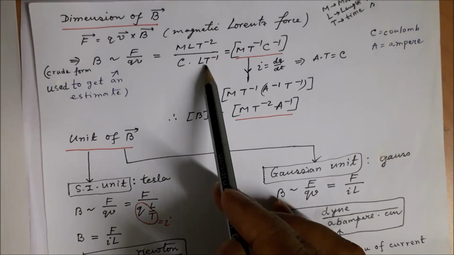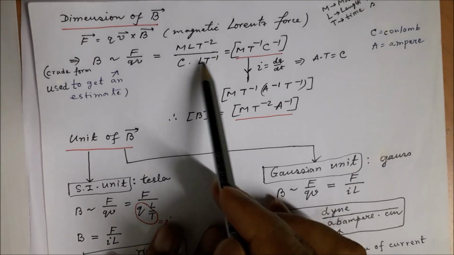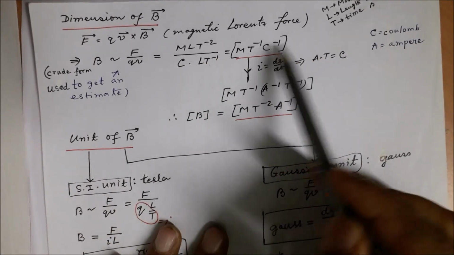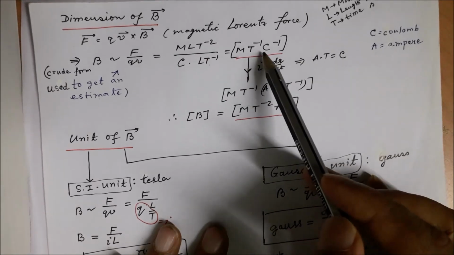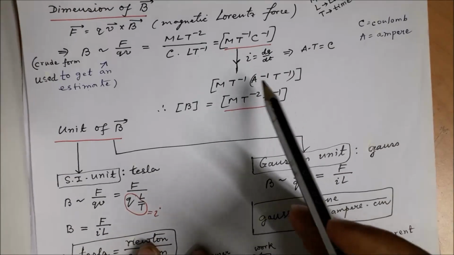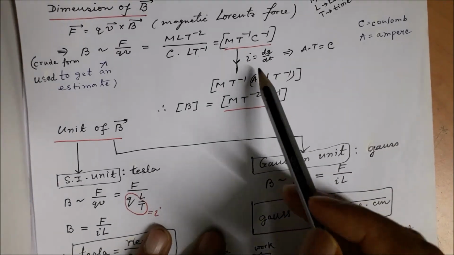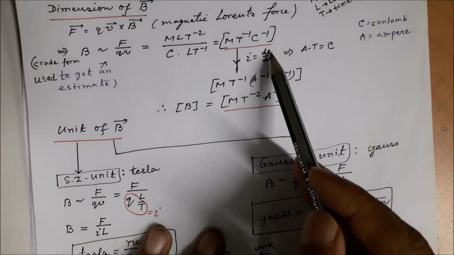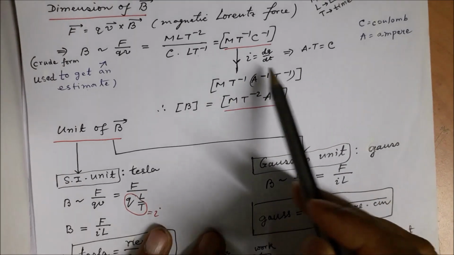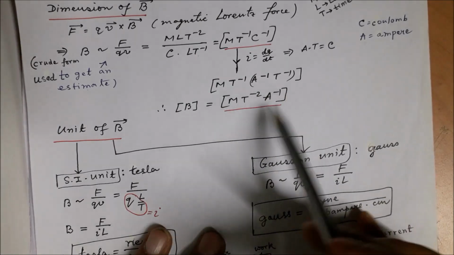the dimension of q, which is Coulomb, and the dimension of v, and simplifying, we end up with this expression, which can further be simplified if we note that I is dq/dt. Then we end up with this relation.